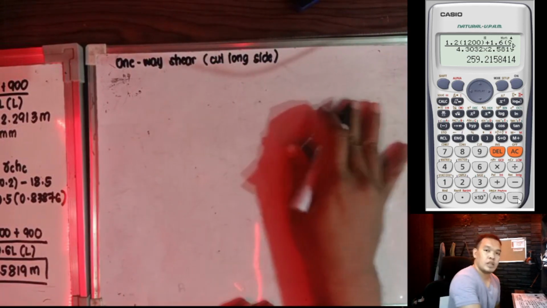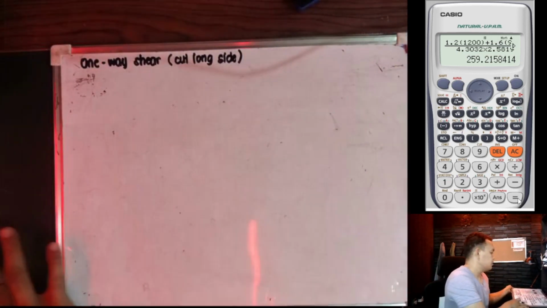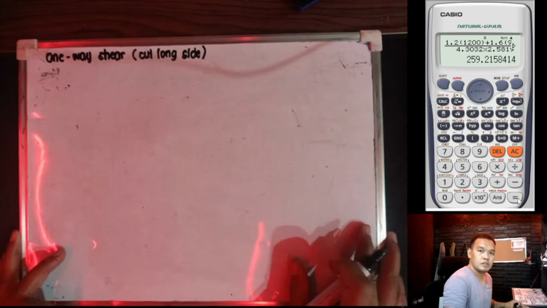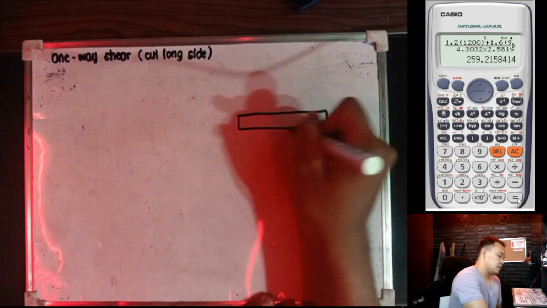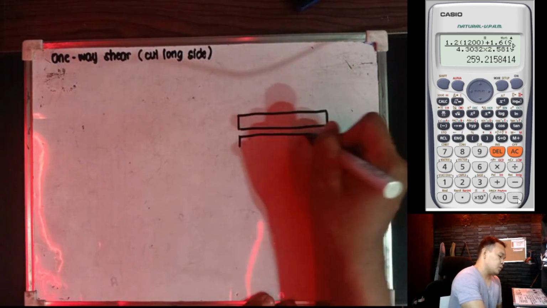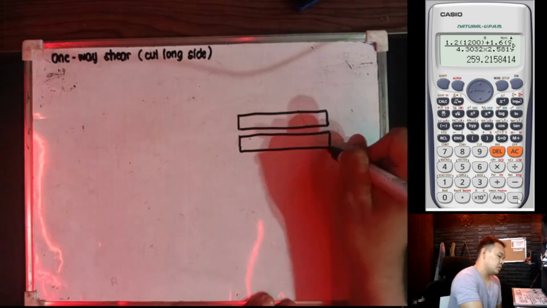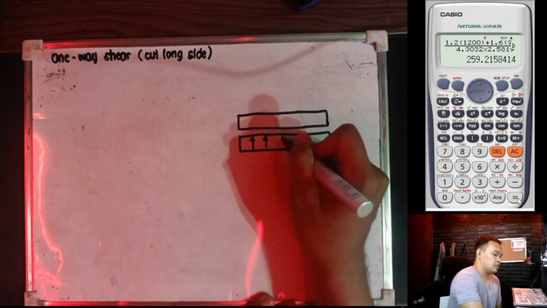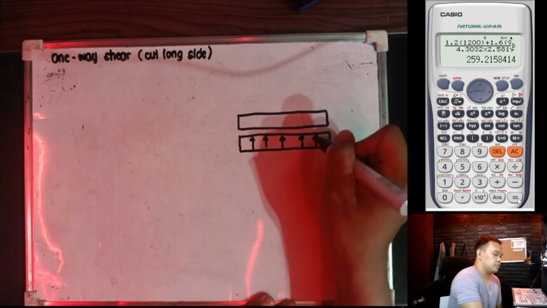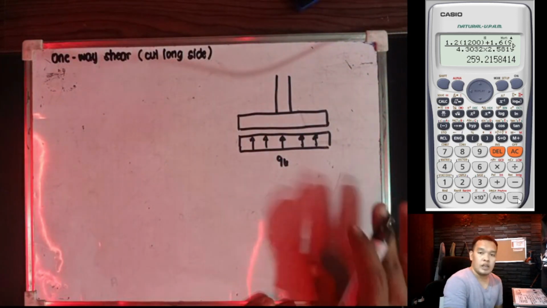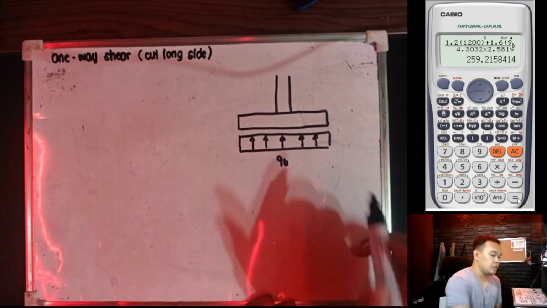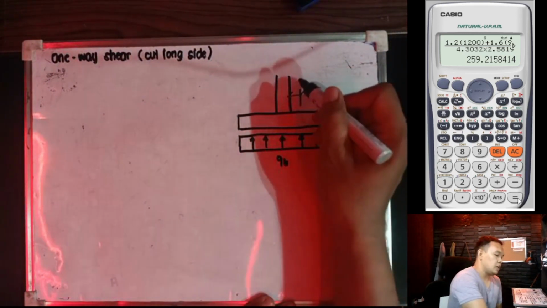Okay, so if this is our foundation, then we have QU here. This is QU, then I have a column, and the critical section is at distance D from the face of the column.